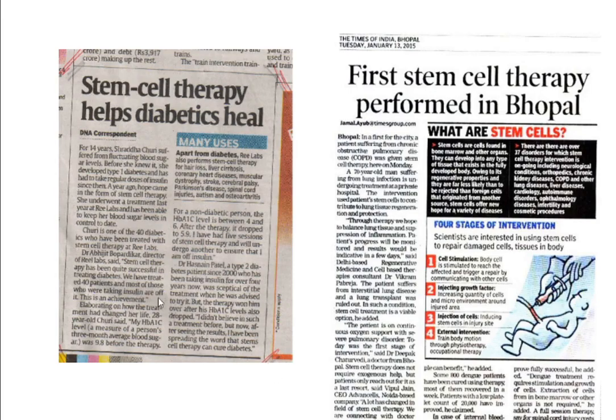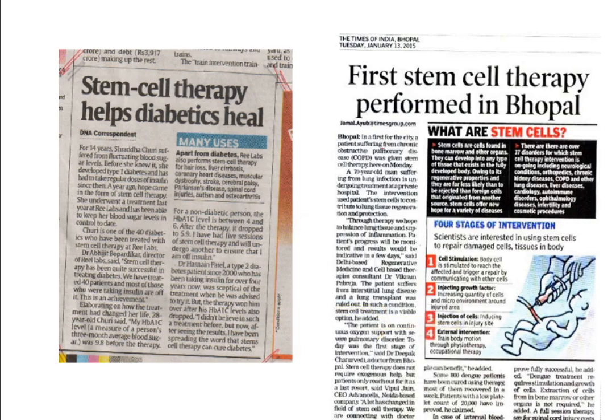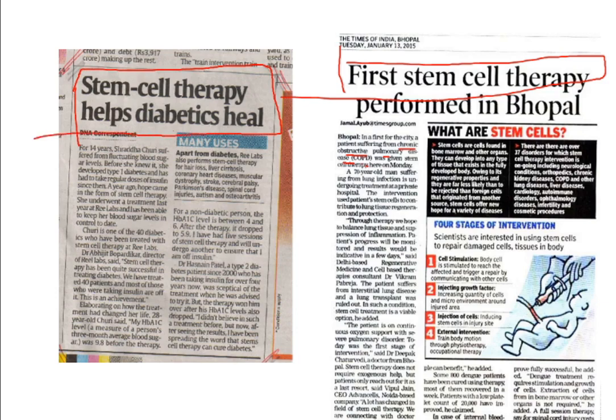Then we have different types of applications. One you can see here is already done in Bhopal, where a patient with chronic obstructive pulmonary disease, called COPD, was treated. It is the first stem cell therapy performed in Bhopal. Besides this, it is also used successfully against diabetes.